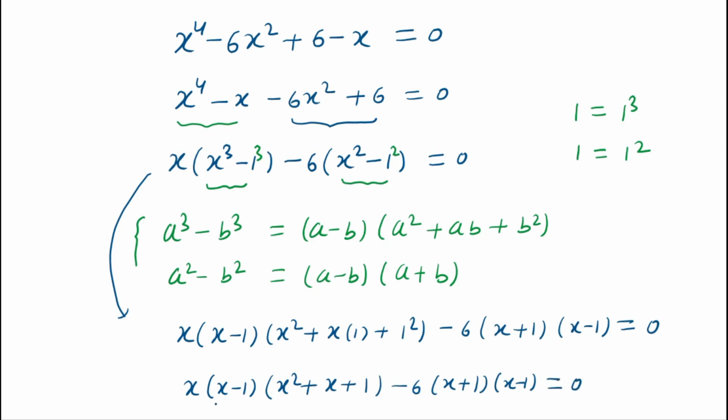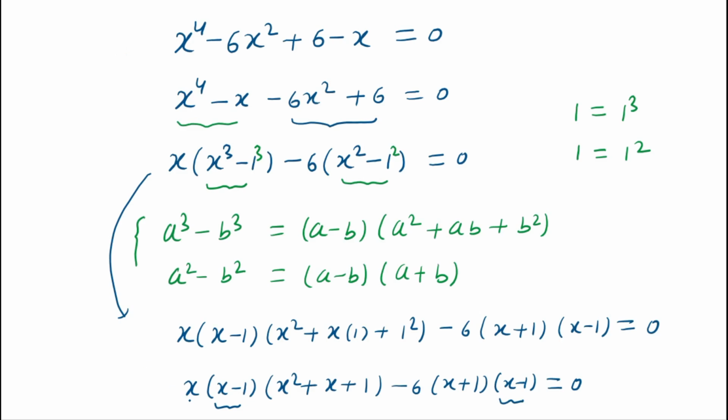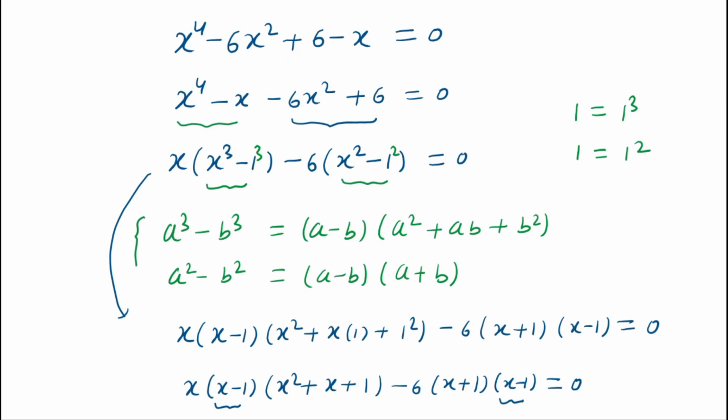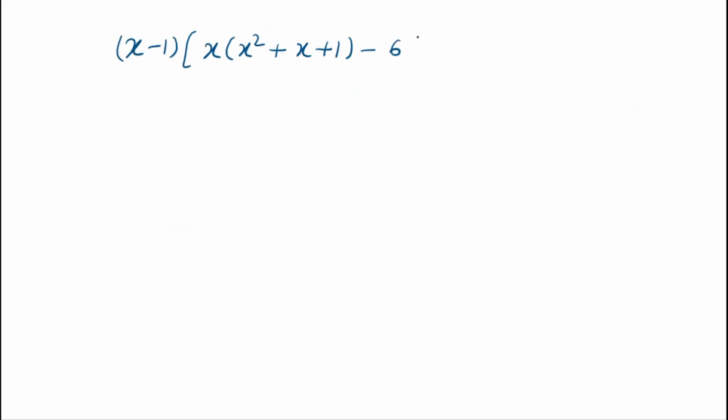On the left hand side, if we take (x − 1) common, then we get (x − 1) multiplied by [x times (x² + x + 1) − 6 times (x + 1)], and this is equal to 0.